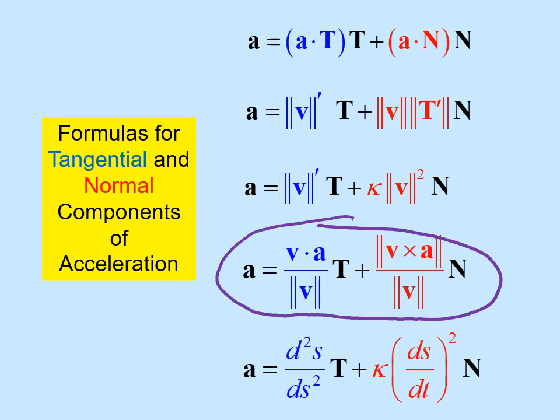Well, the v and the a are just first and second derivatives of that. So you can see in this formula, the only thing we have to deal with are combinations of the first and second derivatives of r. No curvatures, no tangent vectors, no normal vectors, just derivatives of r.